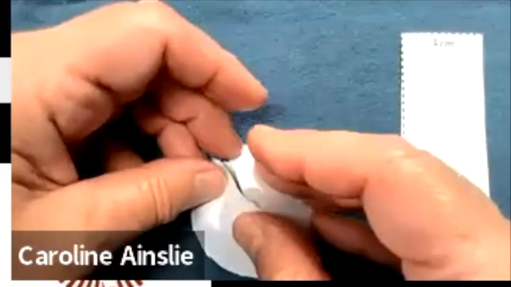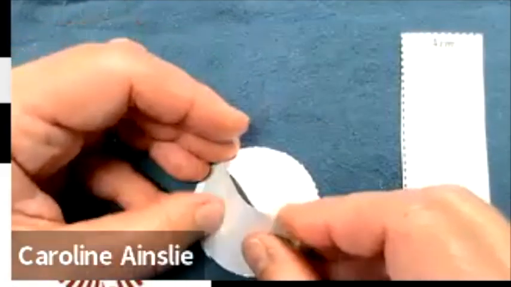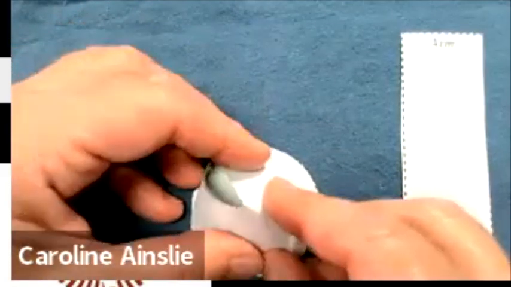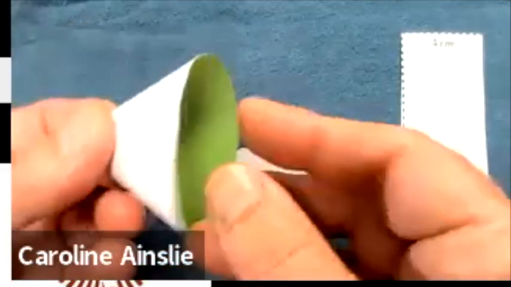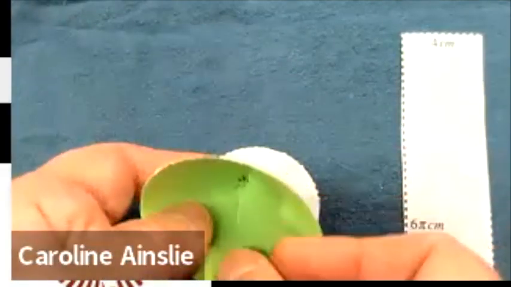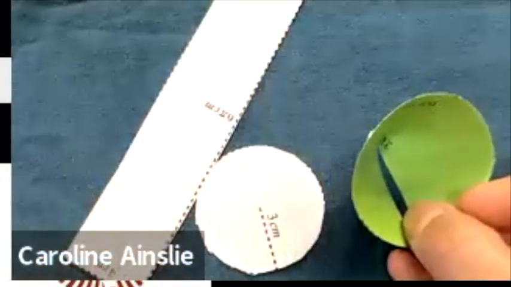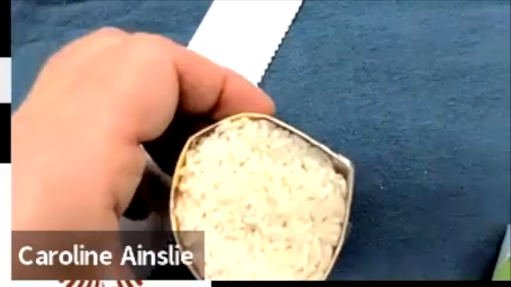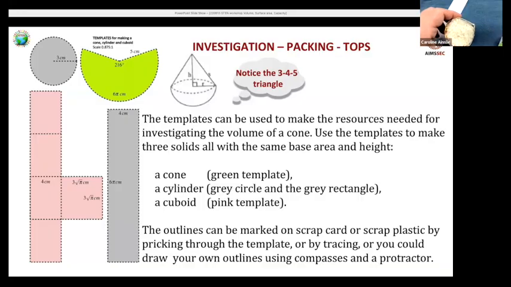So you can do the one-to-one comparison of the volume. And again, 3 times the volume of the cone is the volume of the cylinder, which I demonstrated earlier. There you go. There's our cylinder full of 3 times the contents of 1 cone.